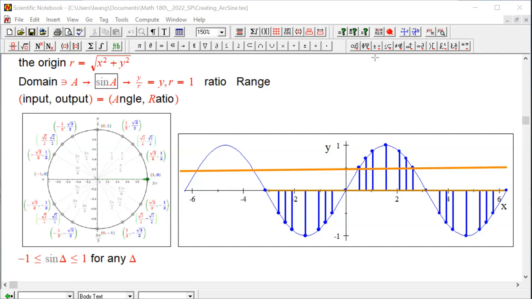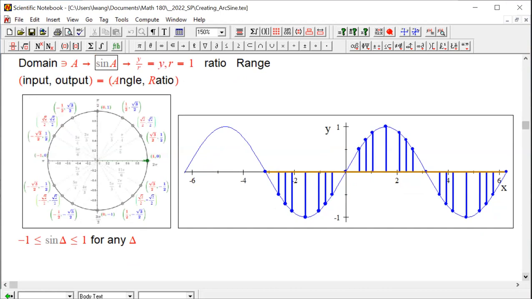If it is not a one-to-one function, what does that tell us? There's no inverse. So this sine function, as we know it, does not have an inverse. Let's write it down. These are the bullet points.